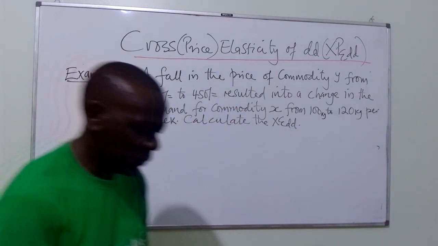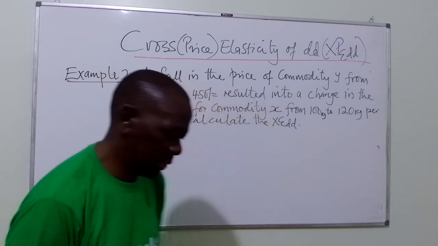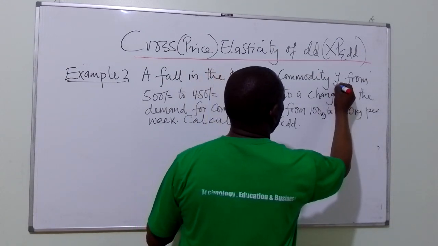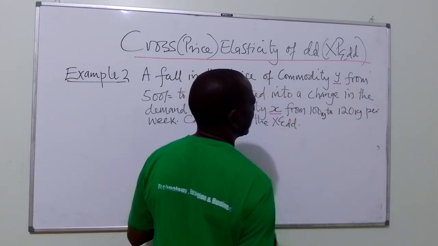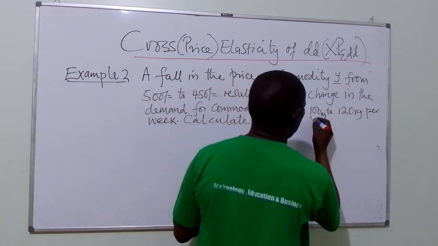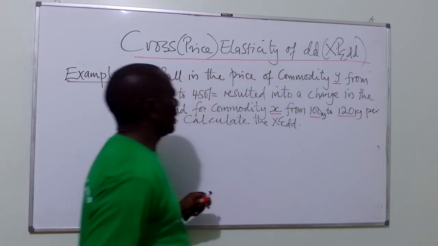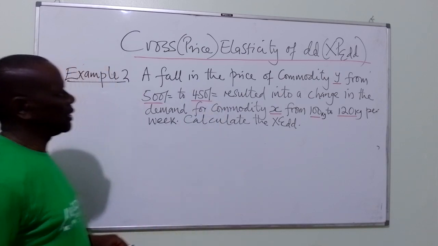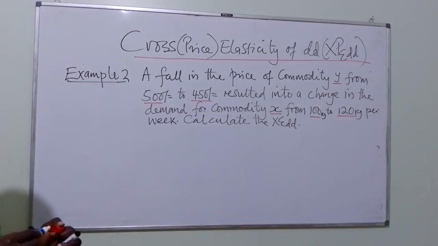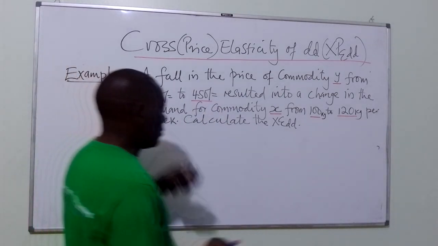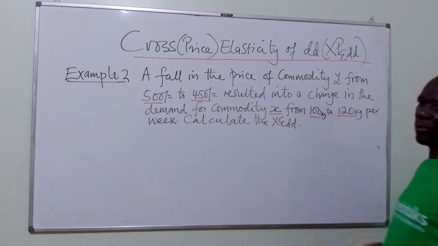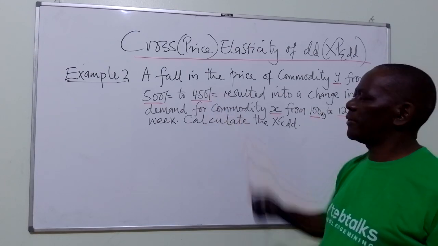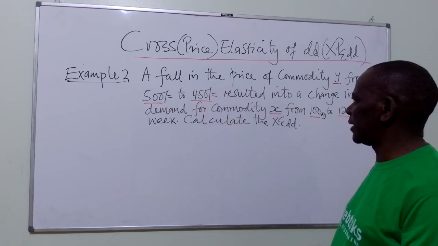Yes, that is where we are. We note what we are calculating for. We underline Y and X, and also underline the figures as they change. These are important areas that we are looking at. There was a price fall from 500 shillings to 450.